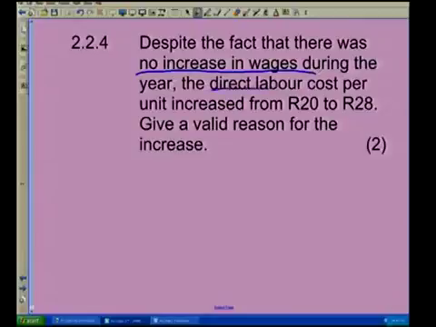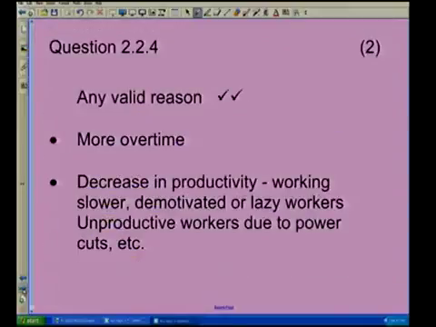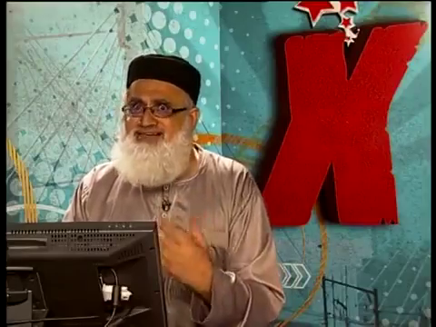Let's look at the next question. Despite the fact that there was no increase in wages during the year, the direct labor cost per unit increased from 20 to 28. Give a valid reason for the increase. Let's look at it.